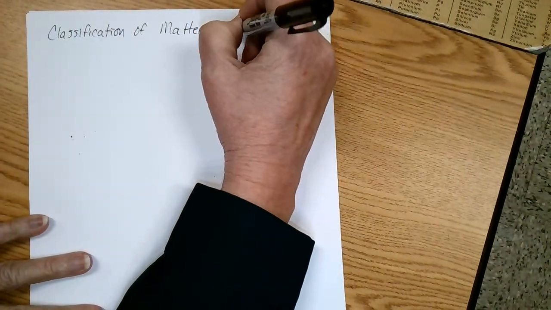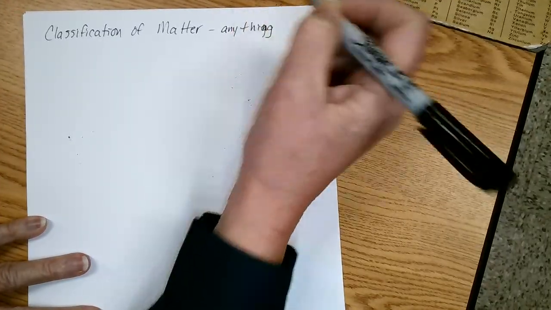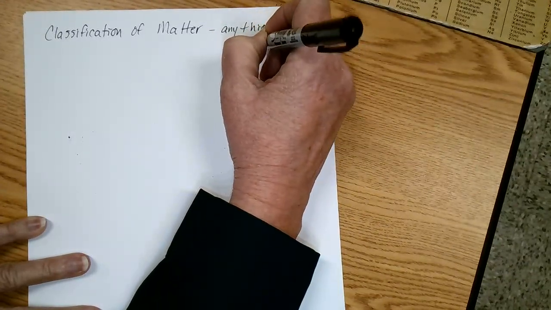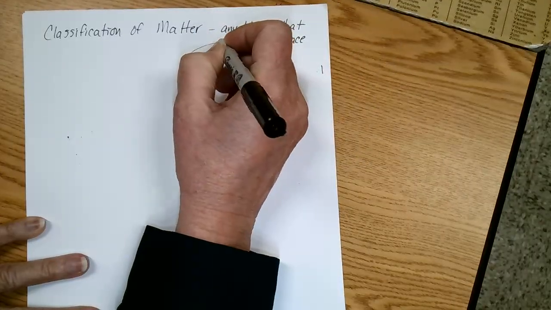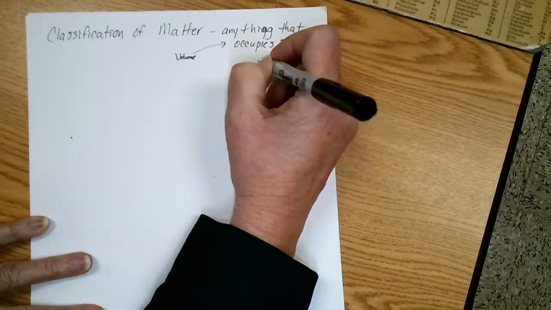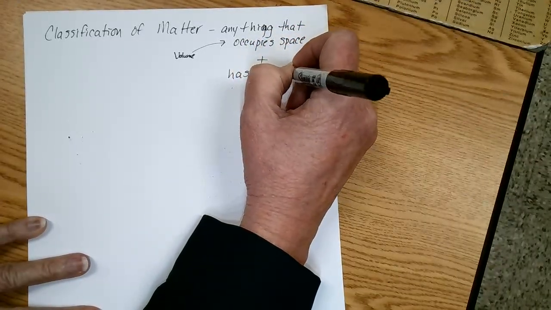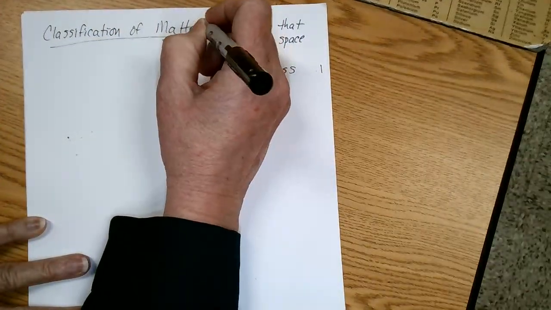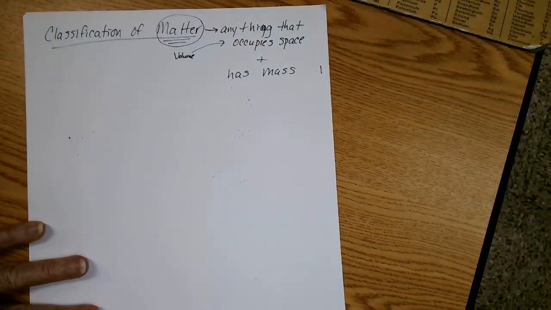Matter is anything that occupies space, and that's, by the way, called volume, plus has mass, or a quantity of matter. So when we talk about matter in general, matter itself is anything that occupies space and has mass.